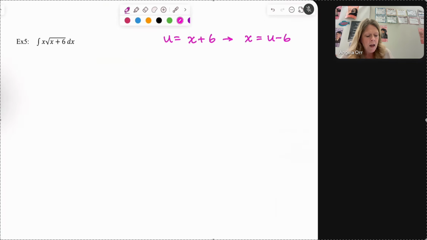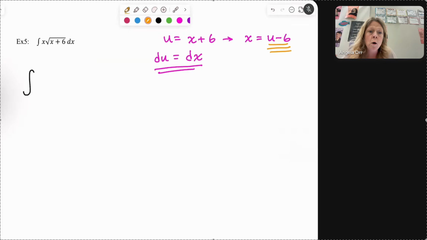Now, as with the other U-substitution problems, I am going to take the derivative of our u statement, so du must be equivalent to dx. Now let's look at our integrand. Here I have the integral of x, which is equal to u minus 6, so I'm going to substitute u minus 6 for x.